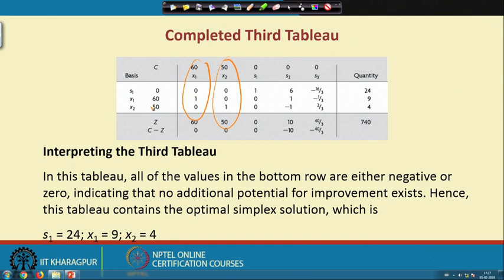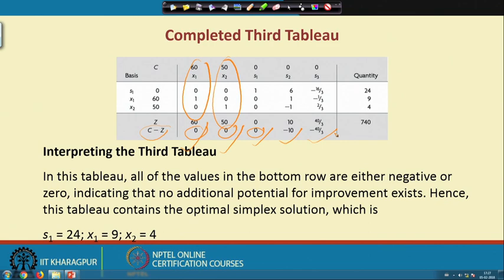Again we have to calculate the net evaluation, and by default net evaluation will be 0 for the unit matrix, that is satisfied. This is also 0, that is satisfied, and this is also 0, that is satisfied. Again, net evaluation for the non-basic variables, which are not in the unit matrix, is coming negative: -10 for s 2 and -40/3 for s 3.